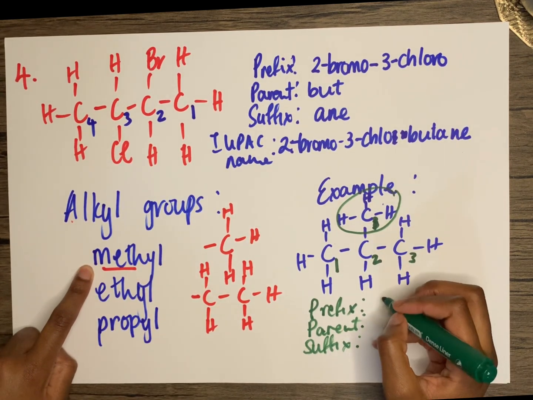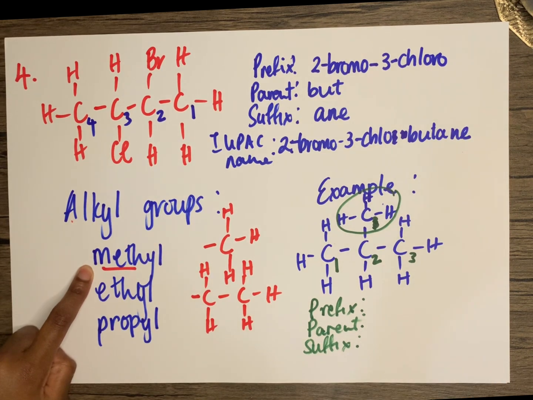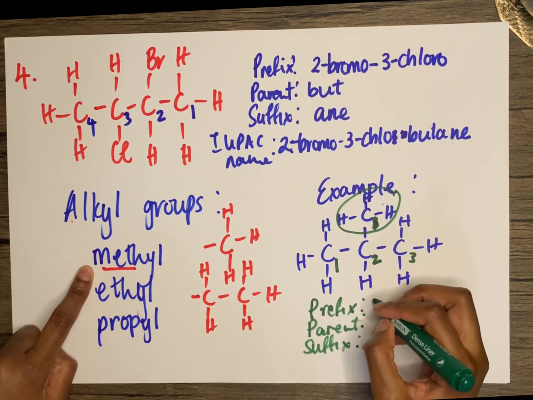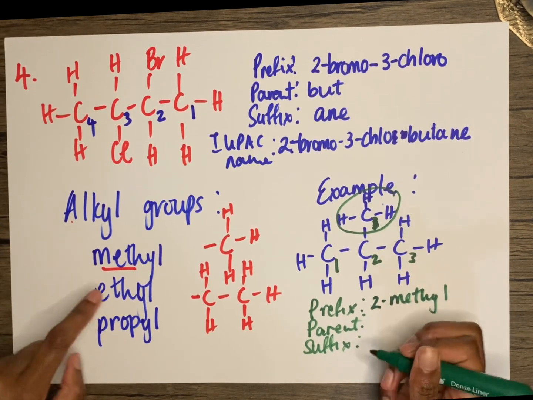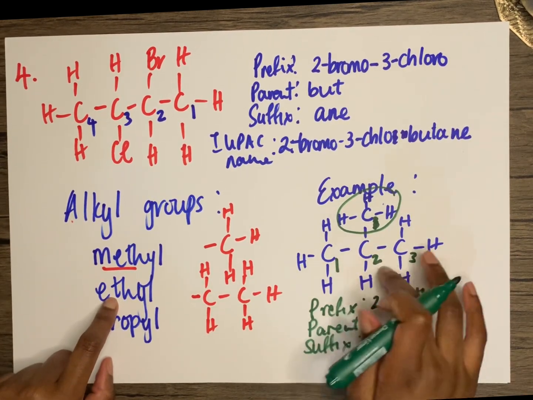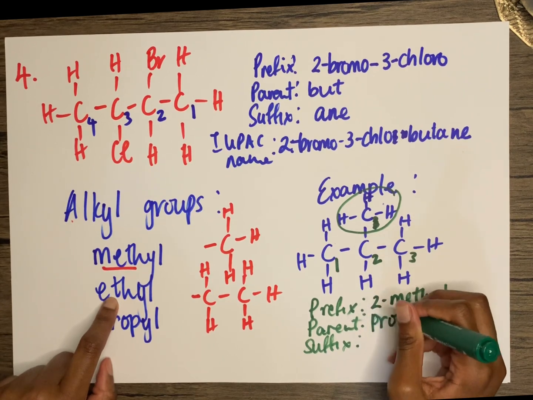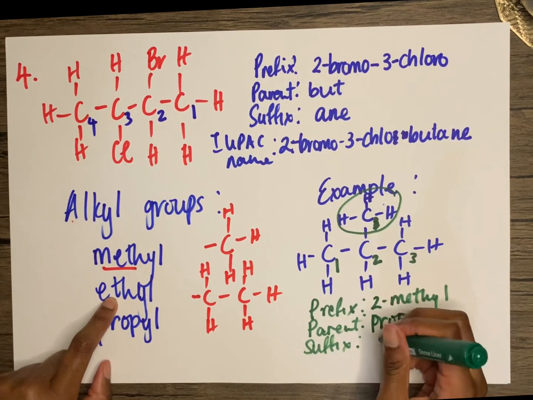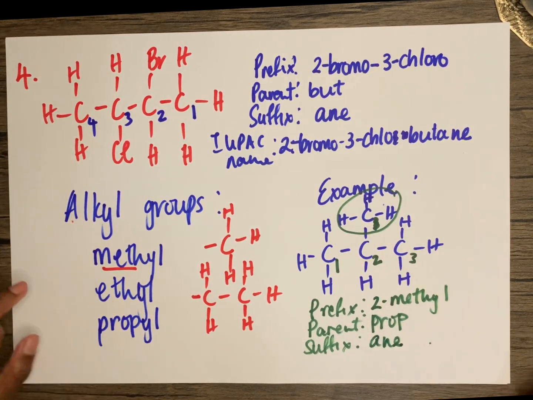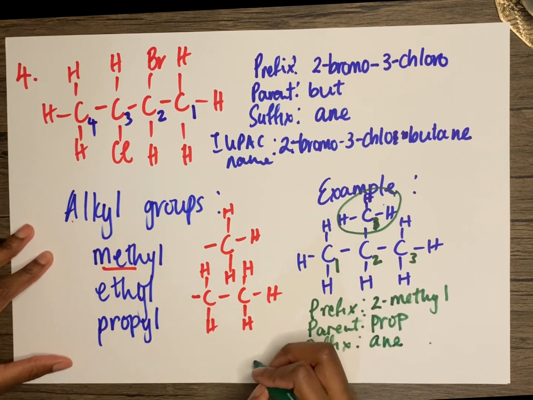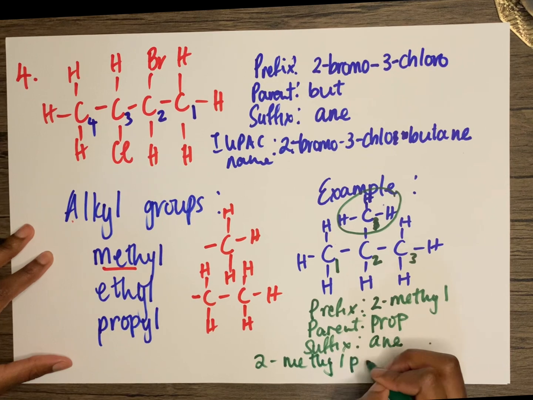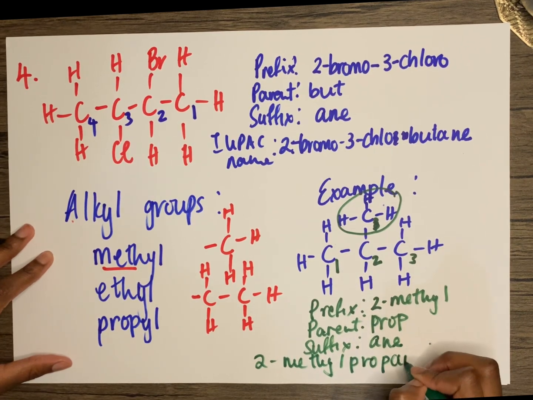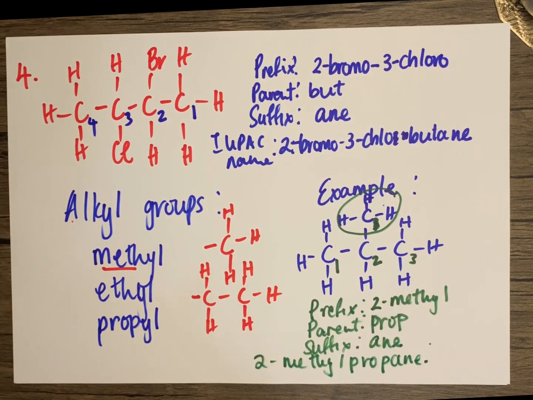And then I have to also indicate its position. So it's going to be in the second position, 2 methyl. And then I still have my longest carbon chain, 1, 2, 3, which is prop. And this is still an alkane, which is ane, right? So the IUPAC name will be 2 methyl propane.